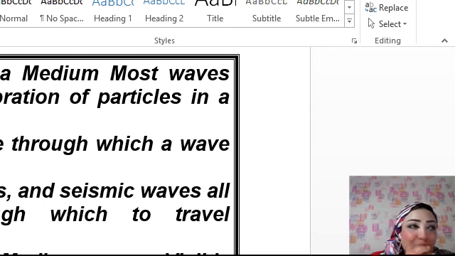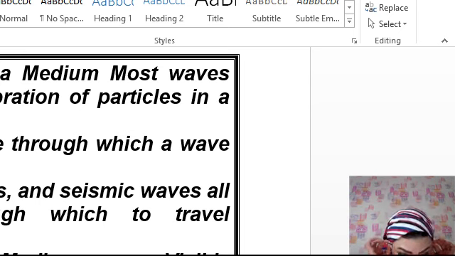One of the most common is microwaves, and radio waves, and light waves. Okay, so light waves, microwaves, radio waves and X-rays are all examples of the type of waves that don't need a medium to travel through.